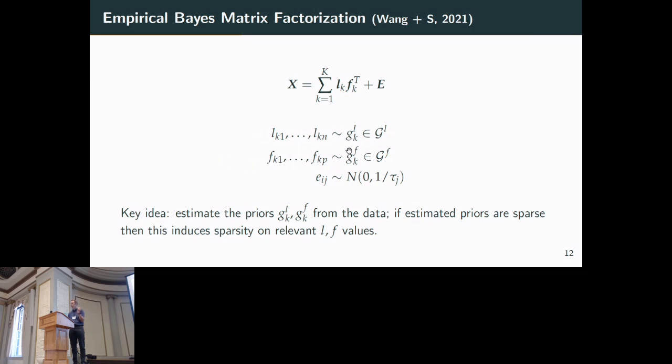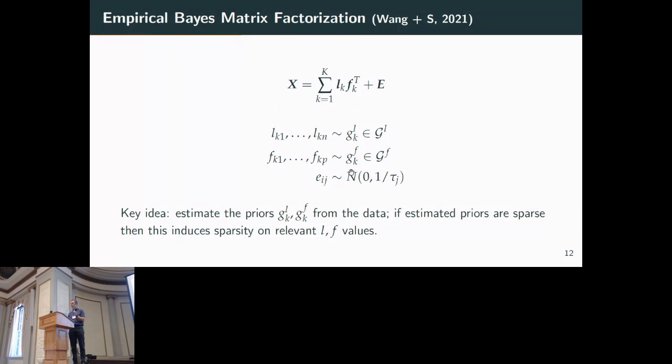And both those prior distributions we would like to learn from the data. So think about these prior distributions as maybe capturing the sparsity or not of each component. And we're going to learn that sparsity as well as learning these L's and F's from the data. So we're simultaneously wanting to learn the priors, the G's, and the loadings and the factor values, L's and F's.